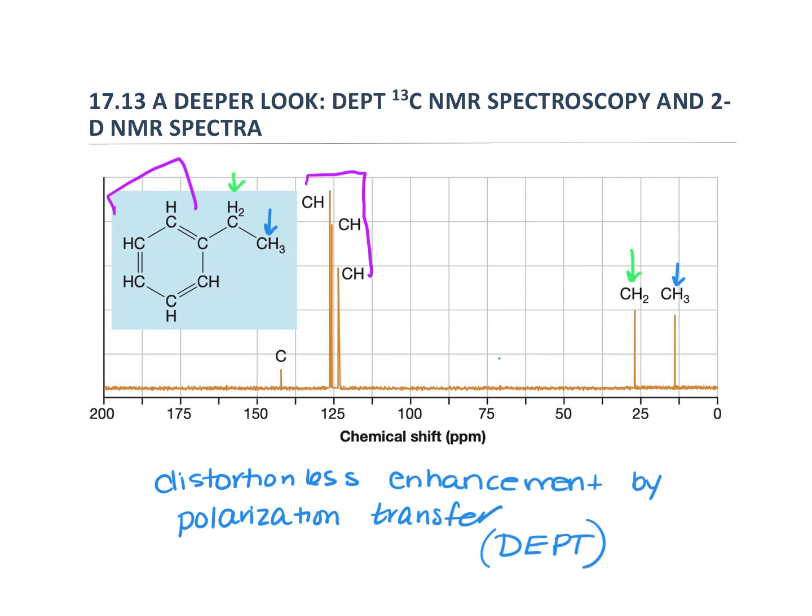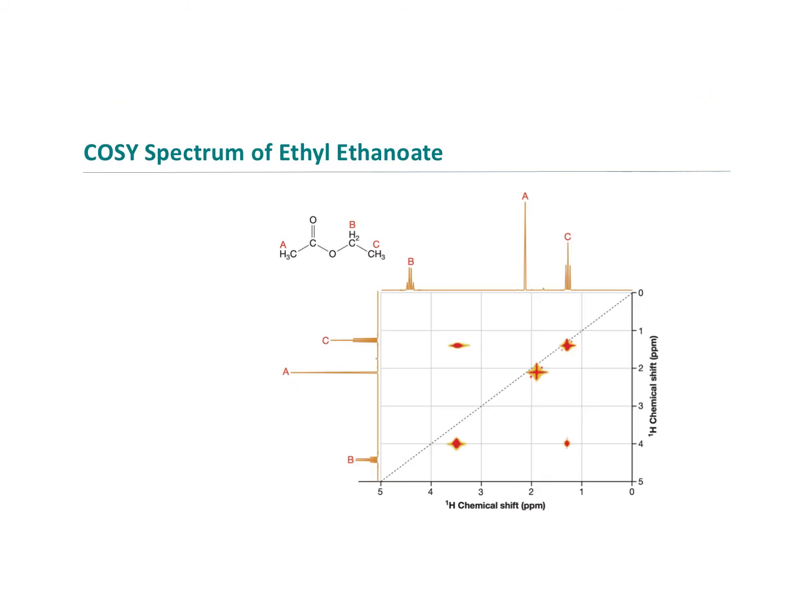NMR spectrometers can also produce a variety of two-dimensional spectra. Now, all the spectra we've seen until this point are one-dimensional because they have one frequency axis, which is the x-axis, and then the second axis, y, corresponds to the amplitude.